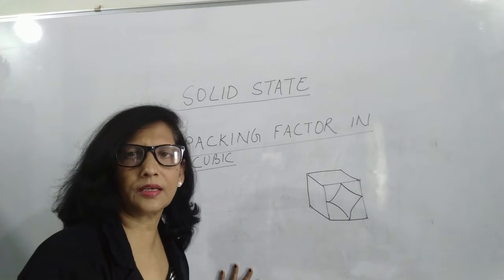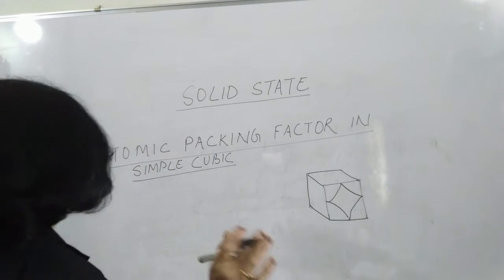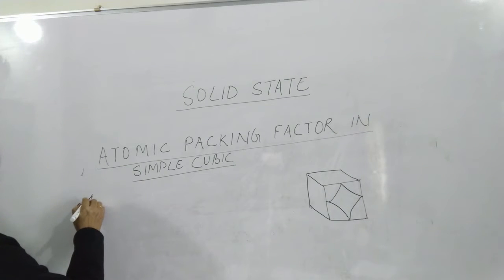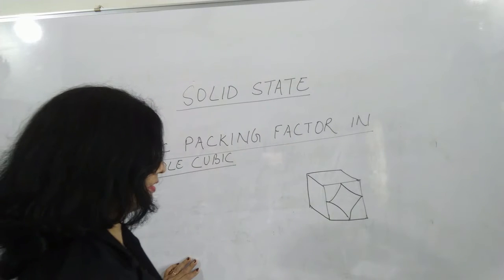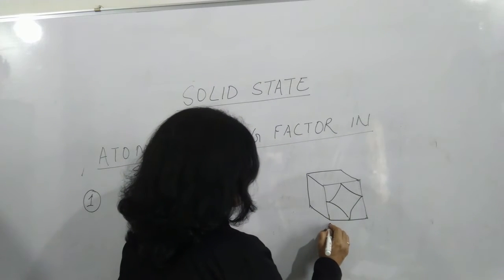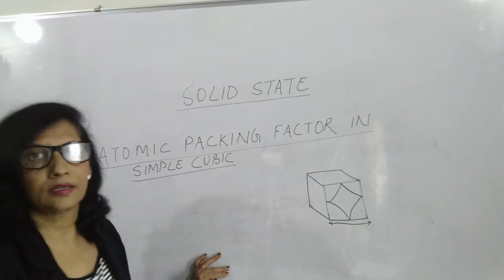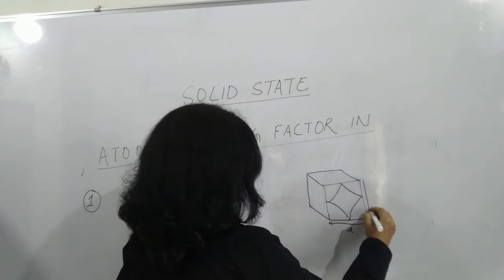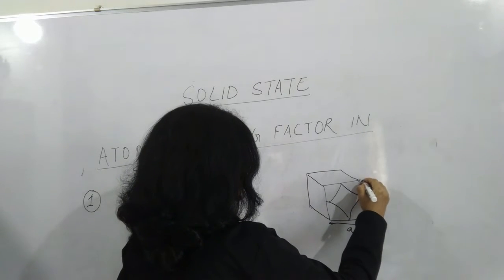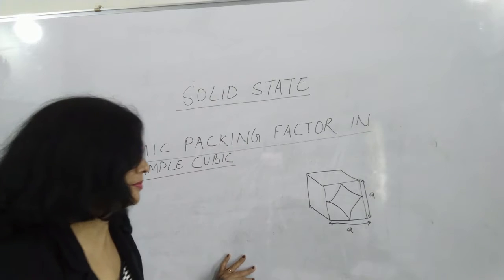The very first thing is how to calculate the radius. First step is the calculation of radius. For that, you can see this distance is equal to A. All the sides are equal.